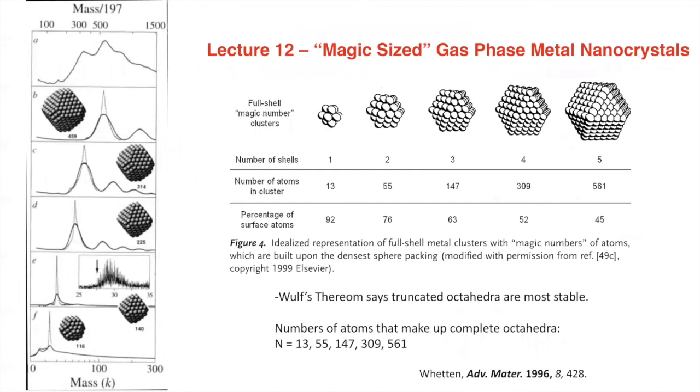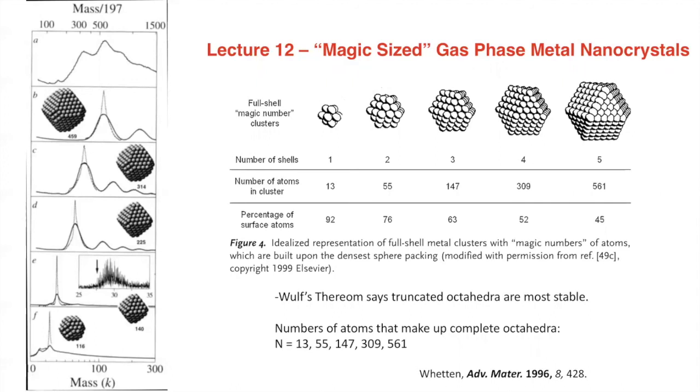Another very important one is illustrated here, and this is the formation of magic-sized metal particles. If you take metal and vaporize it, and you look at the types of fragments you find in the vapor, what you'll find are what are called magic number clusters of metal, where the clusters take on a particular shape and a particular size that minimizes the number of dangling bonds.